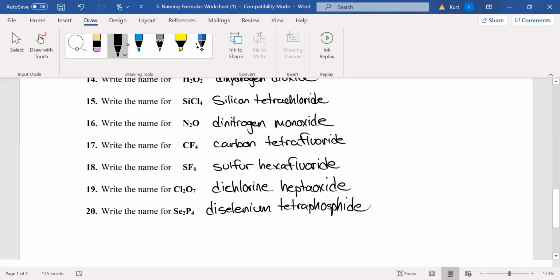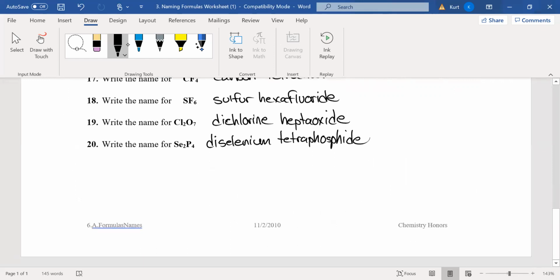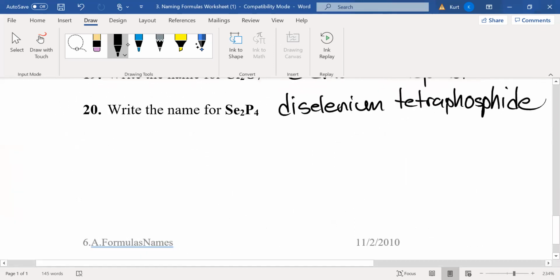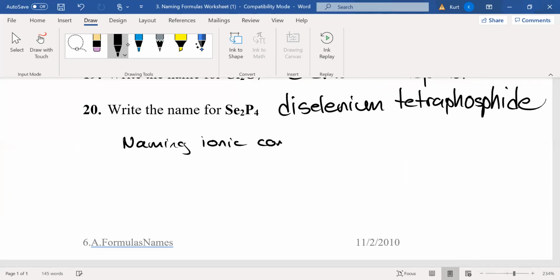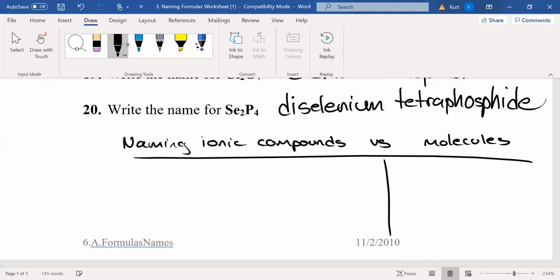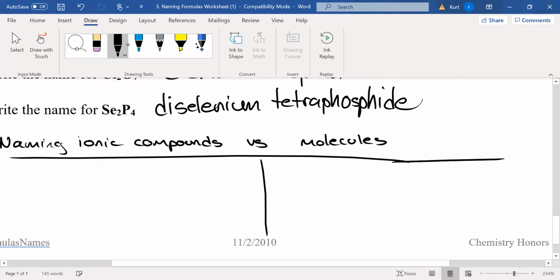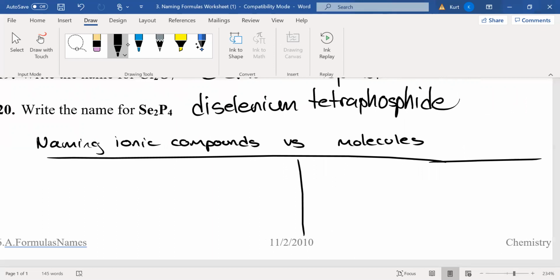All right. Now, I want to get to what she was getting at here. This is something new. This would be kind of on your notes. This is naming compounds, ionic compounds versus molecules. Okay, what you guys just did is you named molecules. There is a difference in naming them.